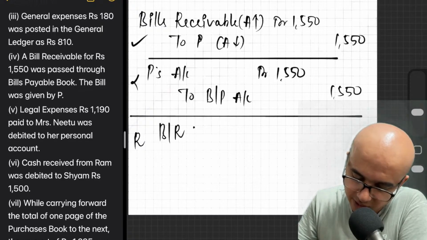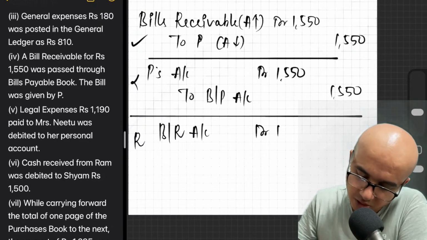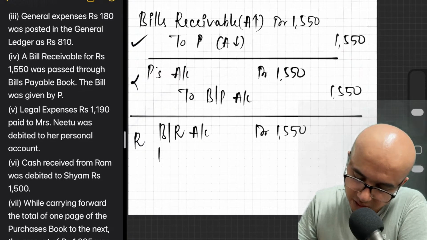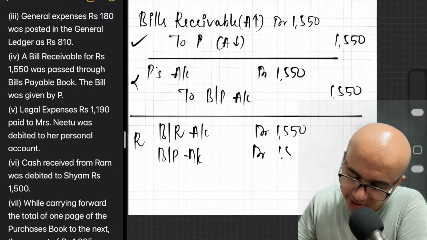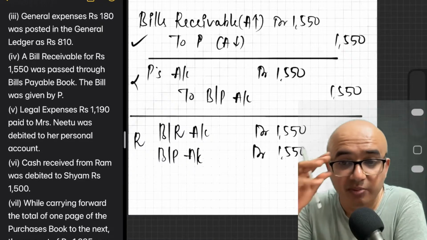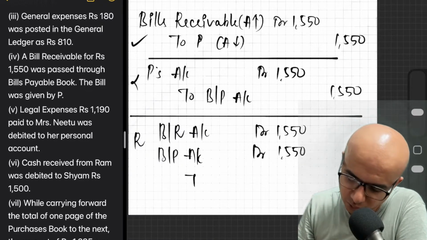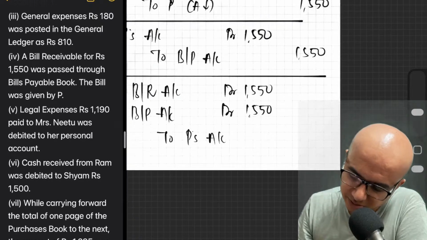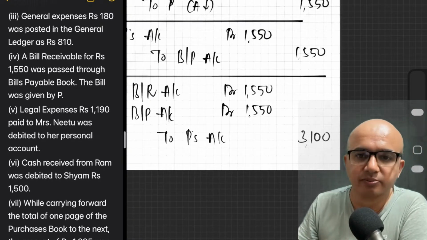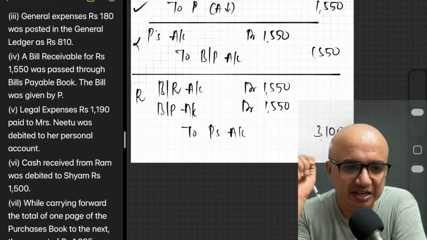So BR account debit 1,550. BP account also debit because there is a wrong credit. How to rectify a wrong credit? Only by reversing it, that is by debiting it. And to P's account. So that will be 3,100.